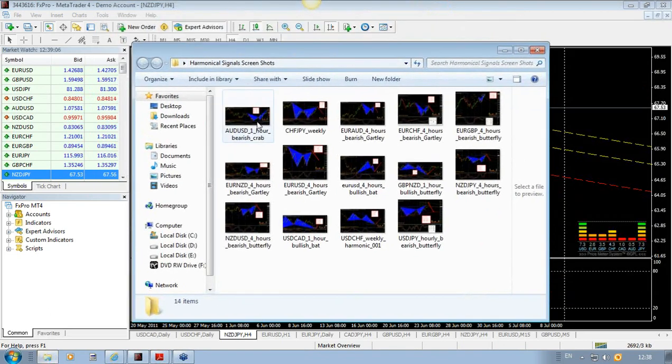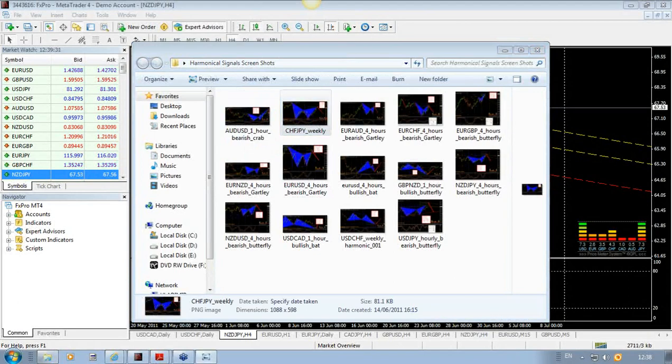By the way, I have all the signals that I give you. I have a specific harmonic signal screenshot. The crab is the last one too, I will explain it later. I'm talking now about bat and butterfly, which look alike. Let's have a look at the patterns.